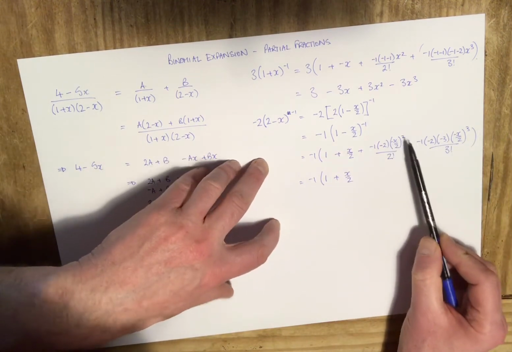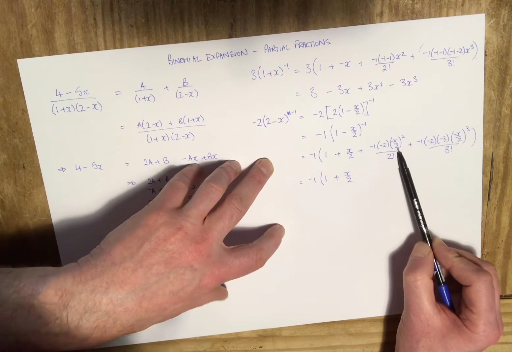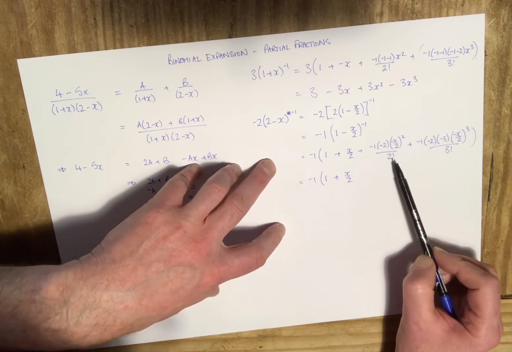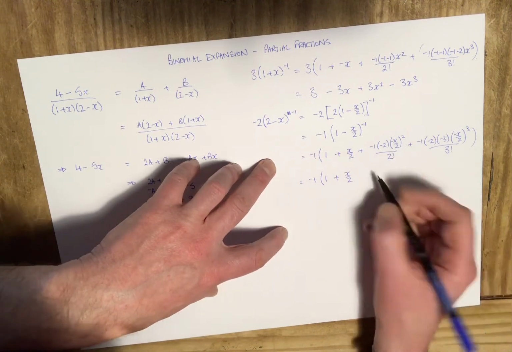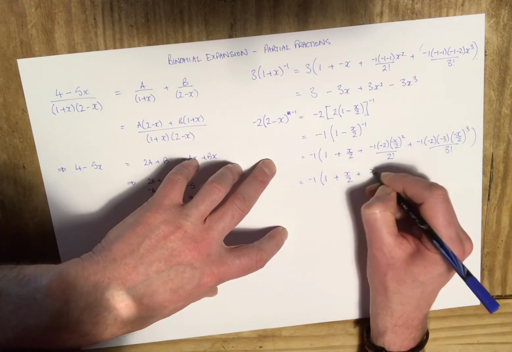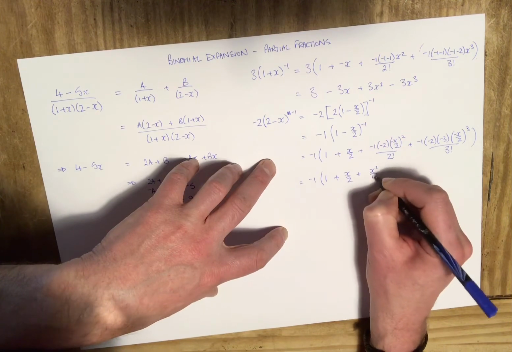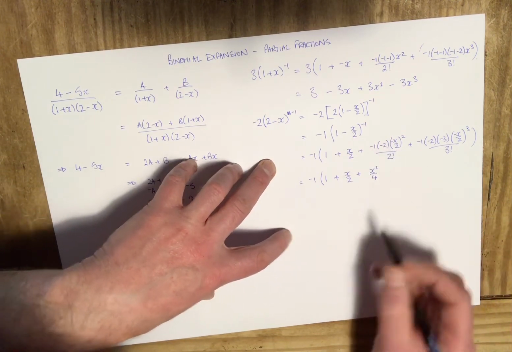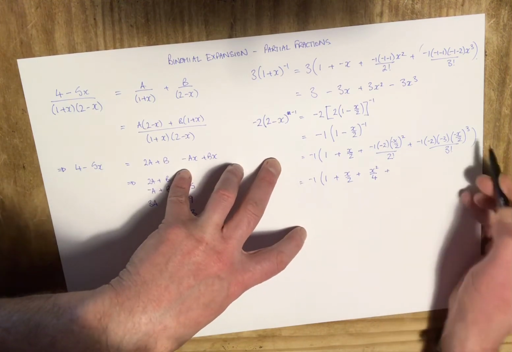So this is minus, but it's squared to make it positive, so that's x over 4. This is 2, so you've got 2 over 4 divided by 2, which is a quarter. But it's minus, no it's not, it's a positive. Sorry, that was right in the first place. Now let's do the last one.